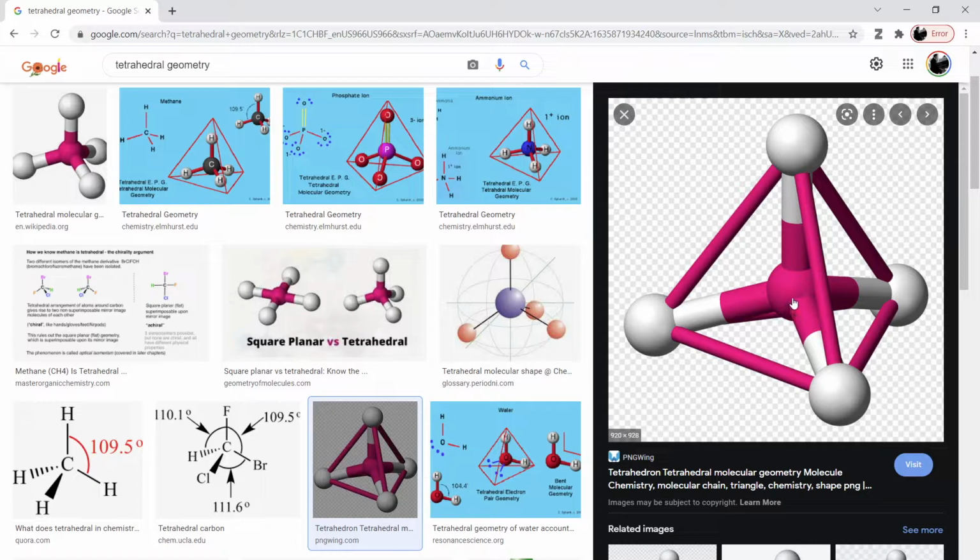So we see that we have kind of two of them in the same plane, and then we have one coming out at you, one going away from you. And they form this kind of pyramid shape called a tetrahedron. And so this geometry, because this is now the best way that four things can get away from each other, we in fact have the bond angle right here. We're going to see it as 109.5. So that's what a tetrahedron looks like.